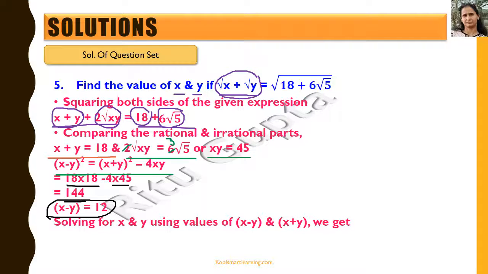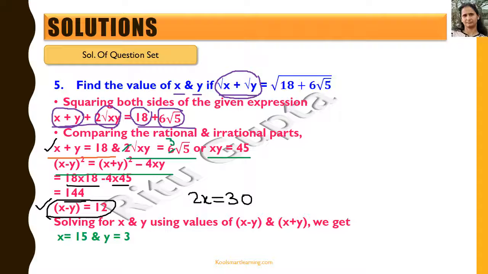Now we know the value of x plus y and we know x minus y. So we can solve for x and y using these two equations. So we'll simply, when we add this equation and this equation, we get 2x is equal to 30, which gives us x equal to 15.